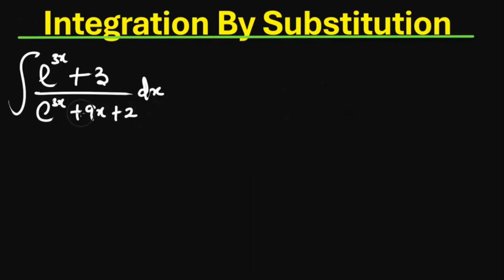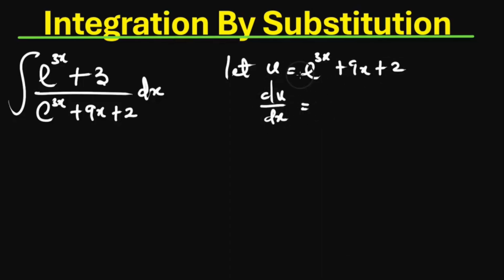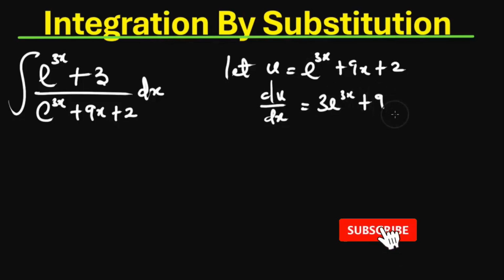So this time we're going to substitute our denominator. Let u equal our denominator; I'm just using u, you can actually use any letter of your choice. So let u equal e^(3x) + 9x + 2. Now when we differentiate u with respect to x, we have du/dx = 3e^(3x) + 9.